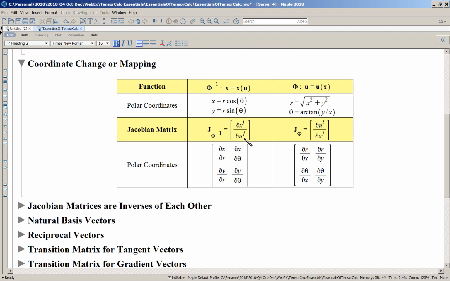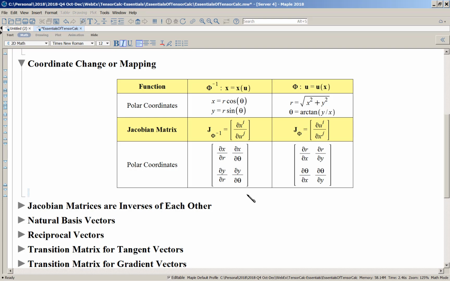It's with respect to u1, but u1 here is r. So the two derivatives in the first column are both derivatives with respect to r. In the second column, the derivative is with respect to theta. In the first row, it is the x function, the first function, that's being differentiated. In the second row, then i becomes 2, then it is the second variable that gets differentiated.